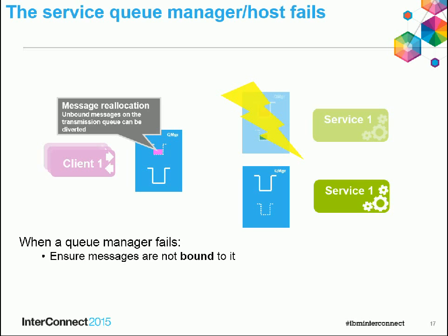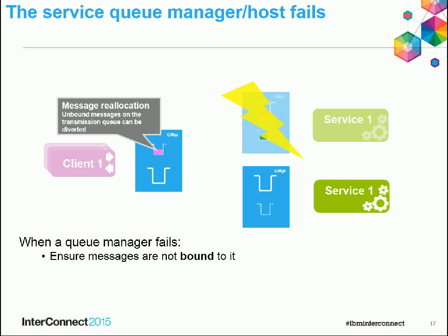In those situations, if we bind on open to the queue, we're saying all my messages that I send under this open need to go to one instance of the queue. Which means if I do that at the start of sending messages, and I pick the top right-hand queue manager, then the first message will go to that queue manager, and the next one, and the next one, and the next one, they'll all go to the same one.